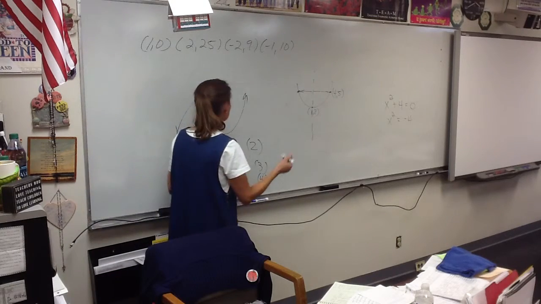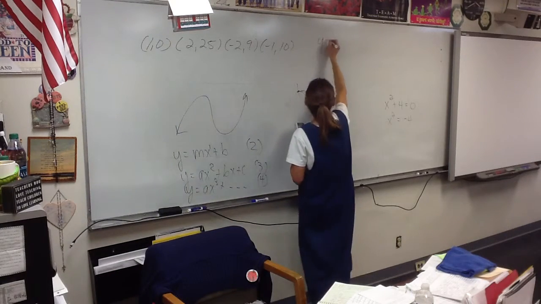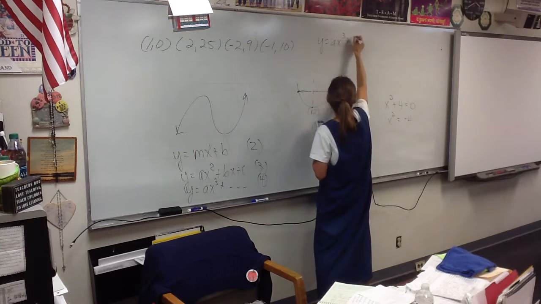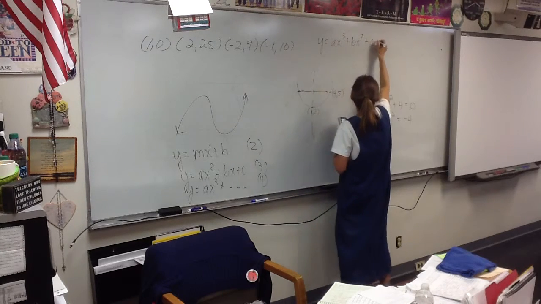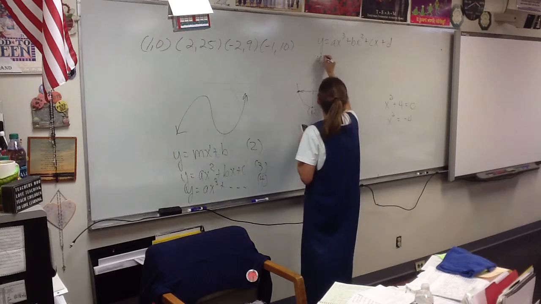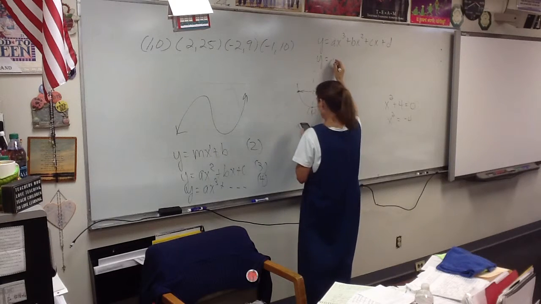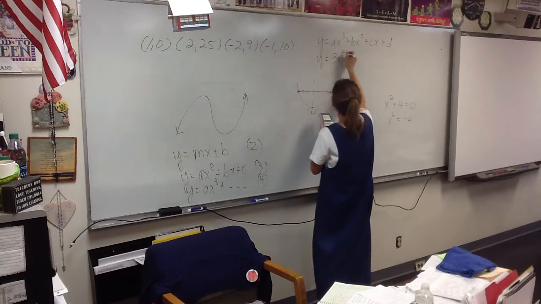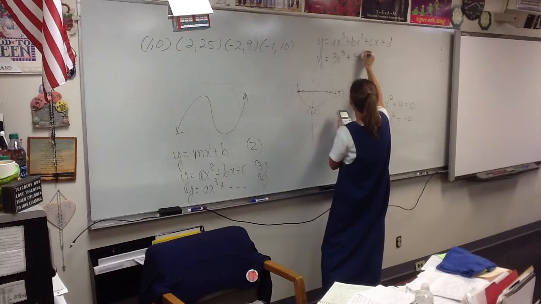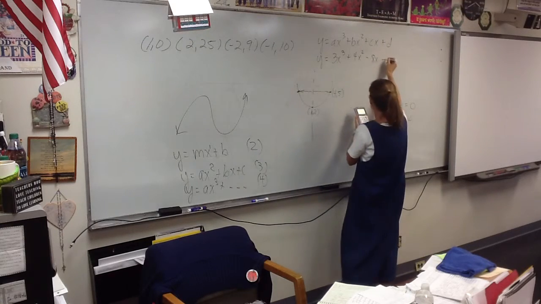And did it give you, for cubic, it's going to be like this. Did it give you A, B, C, D values? 3x cubed, 4x squared, minus 8x plus 1?